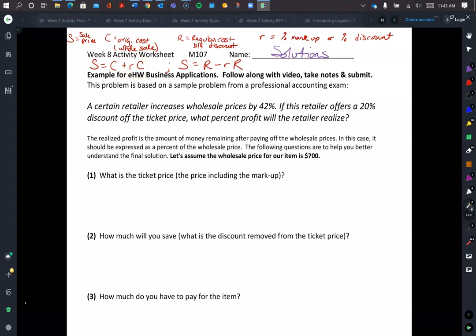We're adding that on. And then we have the discount type problems where you have sale price S equals R minus small r times capital R. So this is the regular cost before you get discounted, so what it's selling for at the store, and then you're subtracting off the discount.